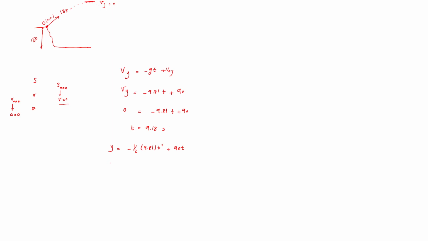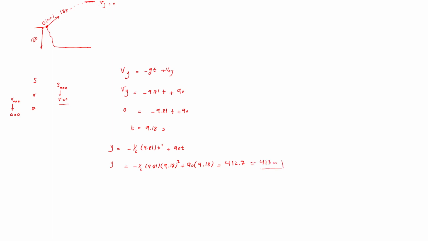So y is minus 1/2 times 9.81, the time is 9.18 squared, plus 90 times 9.18. The answer is 412.7, or approximately 413 meters.